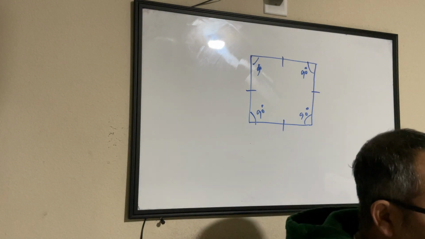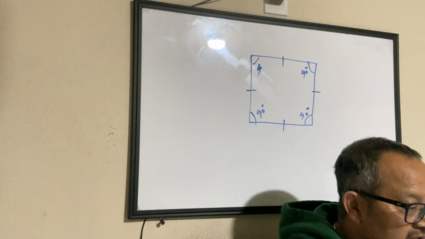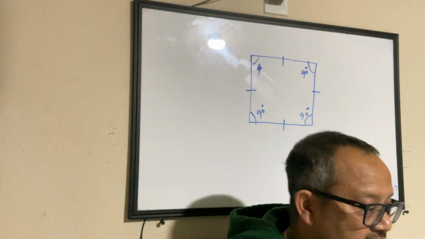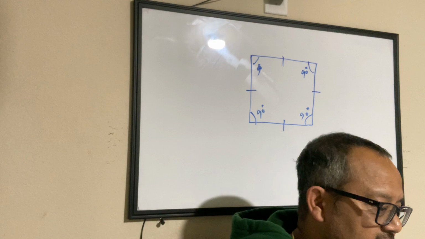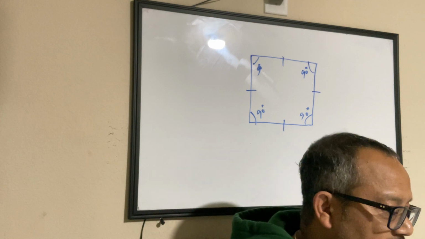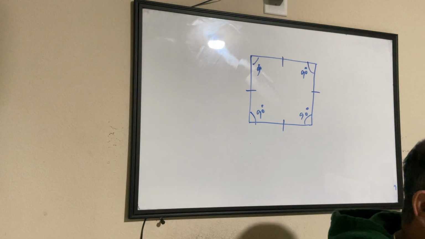Okay. So, Yug, what is the other property that you remember of a square? You are talking on mute, Yug. You have to unmute yourself first.